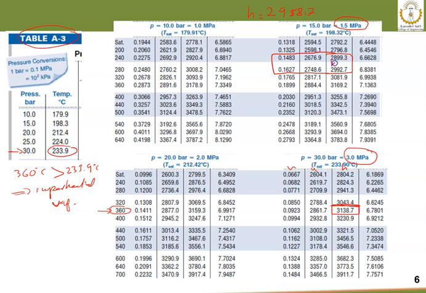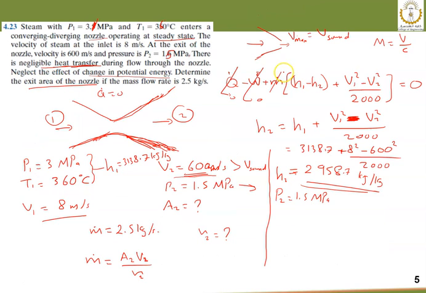So here we have h2, which is this value, and here we have v2, so we use interpolation to find v2.